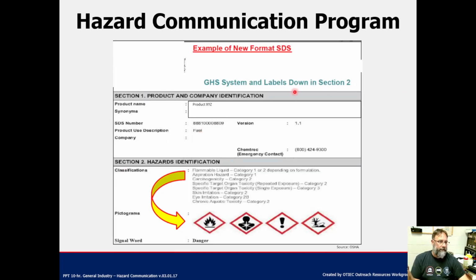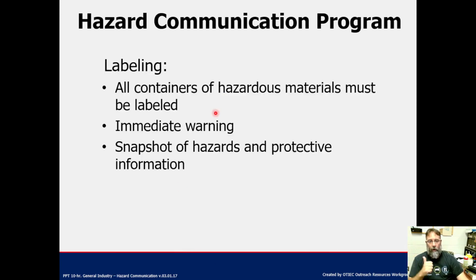Example of format of the SDS. So we see the product. I have to look over here because it's blurry over here. The product name, the SDS number, product use, all of those things, classifications, pictograms, signal words. Labeling, all chemicals need to be labeled. I don't have any right here. We have spray bottles in the shop.